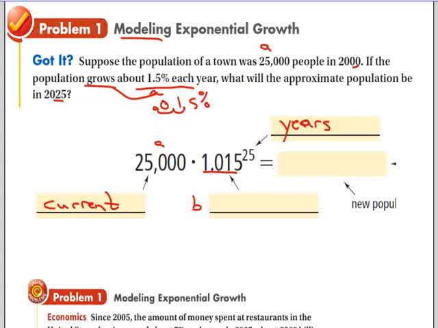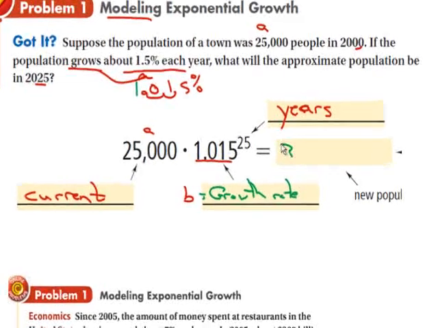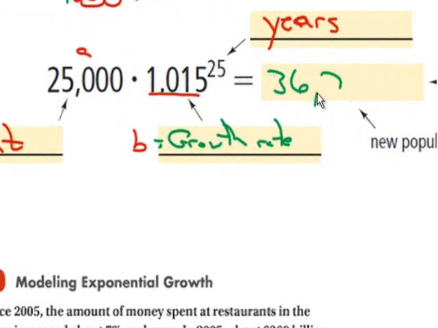And to show that it's a growth, what we do is we put a 1 in front of it. So this is the growth rate. If I do my calculation, 1.015 to the 25th power times 25,000, we're going to get 36,273 people.